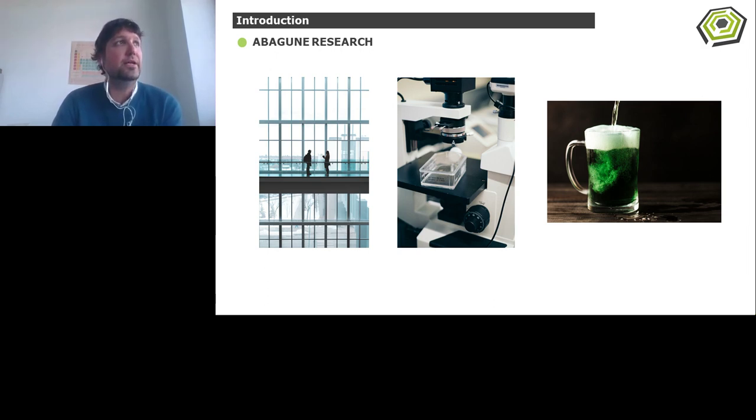What we realized is that companies operating in the US are having difficulties working with their local universities because they operate under state law, while universities are generally federally funded. So what Abagune brings to the table is the opportunity for industry leaders to have scientific consultation, to externalize their research services, and we also specialize in product development.